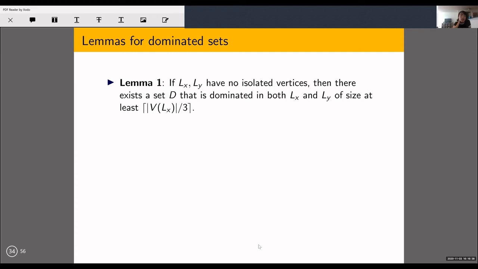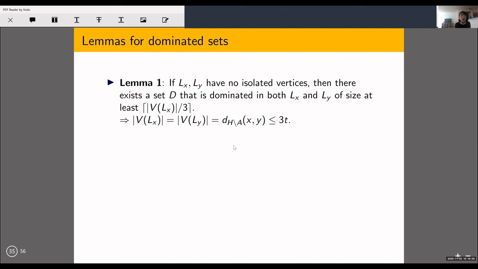All right, so here's a lemma we had. If these link graphs have no isolated vertices, then there exists a set D, which is dominated in both L of X and L of Y, of size at least the number of vertices over 3. And well, what was the number of vertices in this link graph?